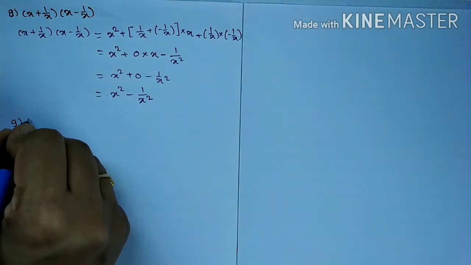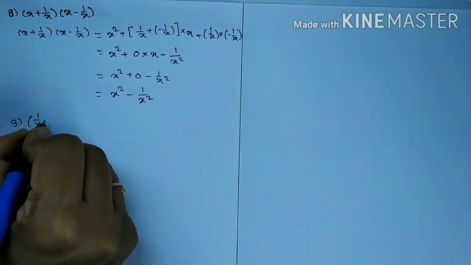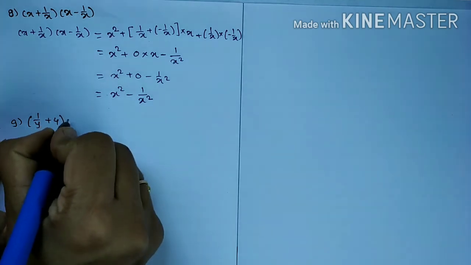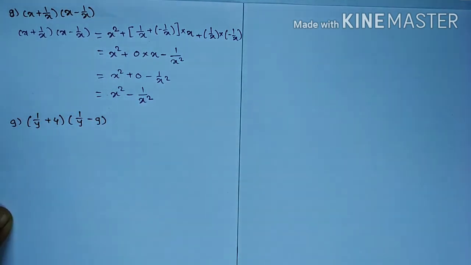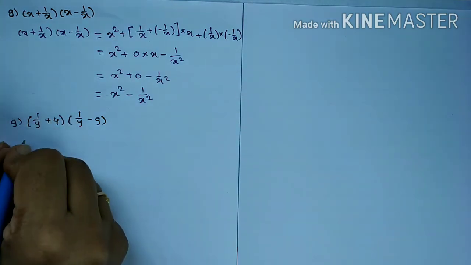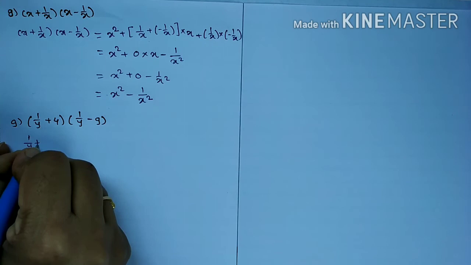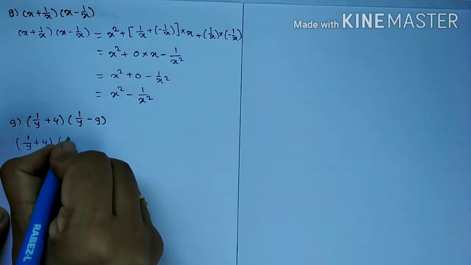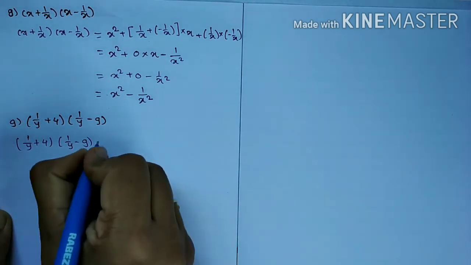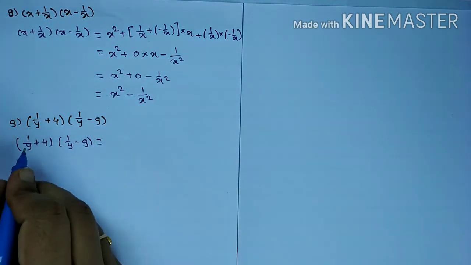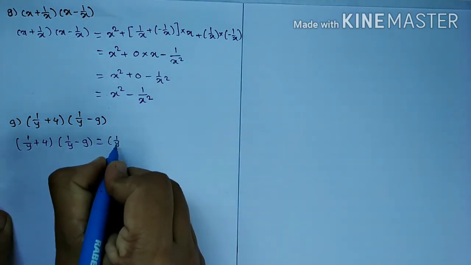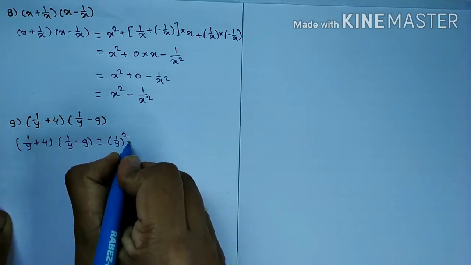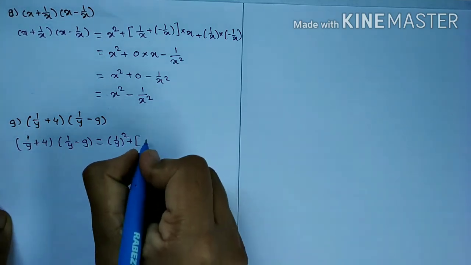that is (1 upon y plus 4) into (1 upon y minus 9) is equal to 1 upon y square plus a plus b.